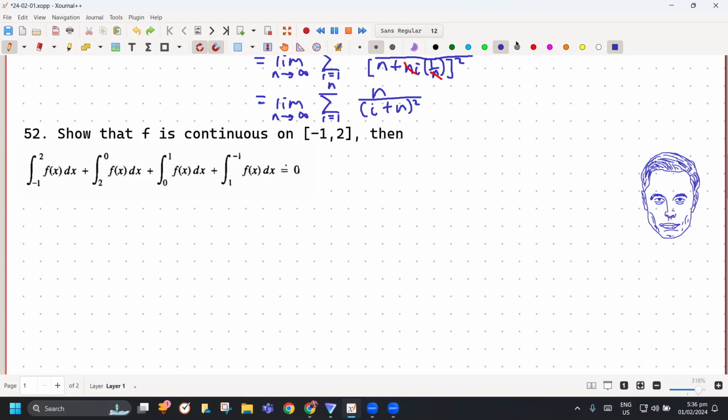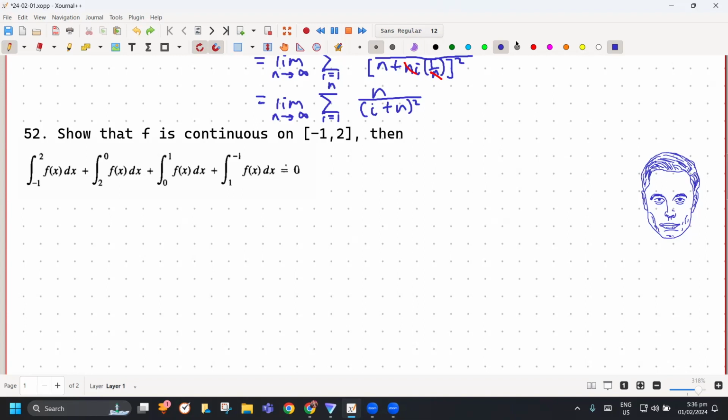Wait, actually, how will I prove that F is negative? Ganito, pwede mo i-split yung integral, di ba? For example, yung integral from A to B, pwede siyang i-split into an integral from A to C and then C to B. May theorem na ganon. As long as F is continuous, pwede mong i-split yun.